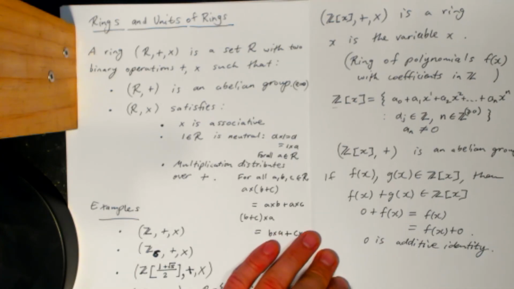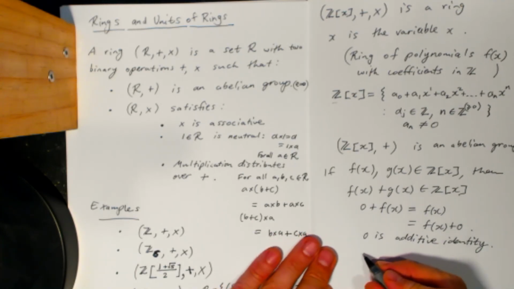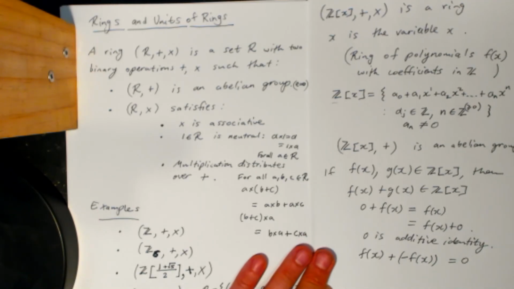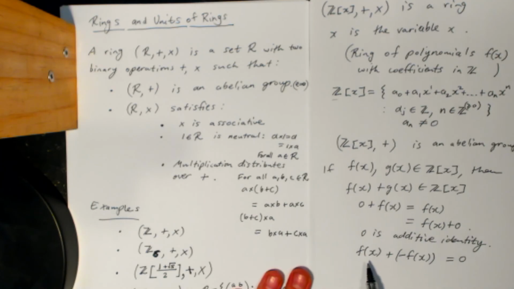Okay, now let's look at the additive inverse. f of x plus minus f of x would be just f minus f, which is the 0 polynomial. So every polynomial f has an additive inverse, minus f of x.